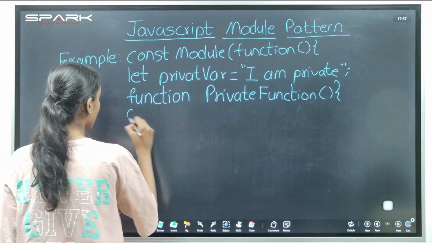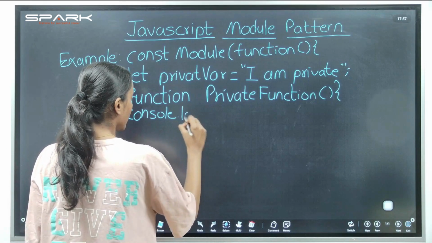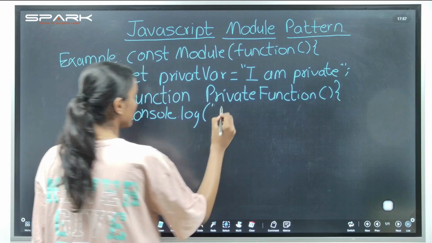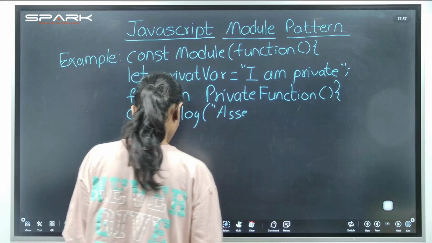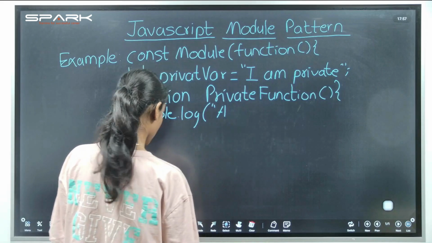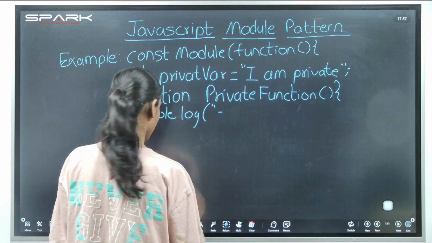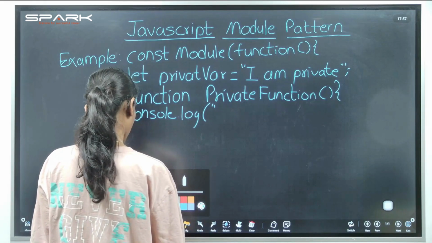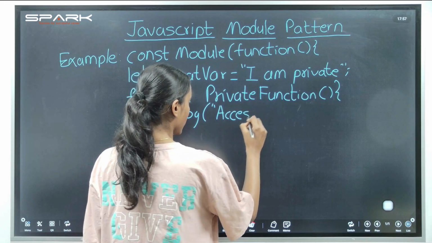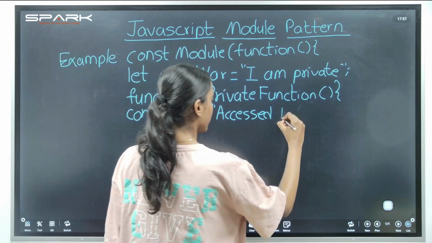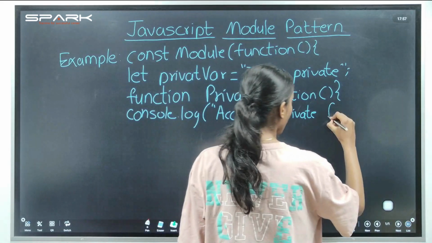Using console.log, it will show "accessed private function".